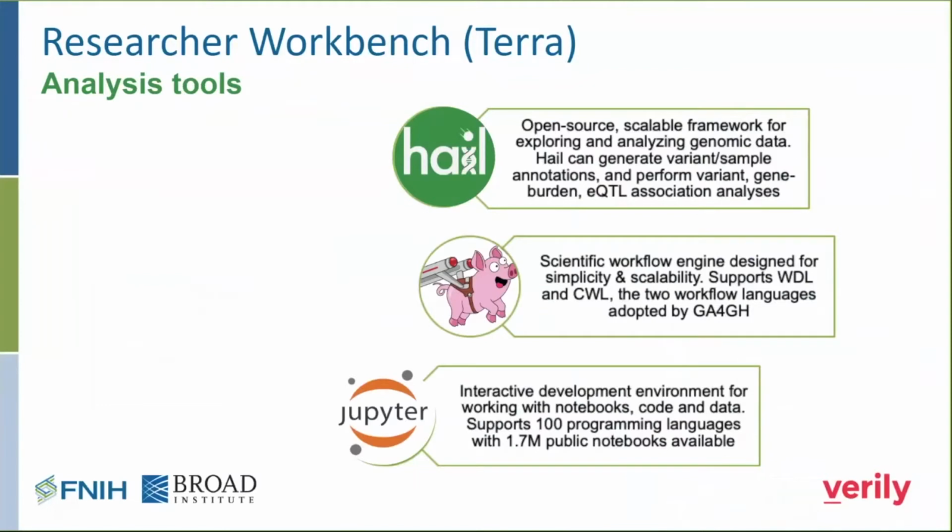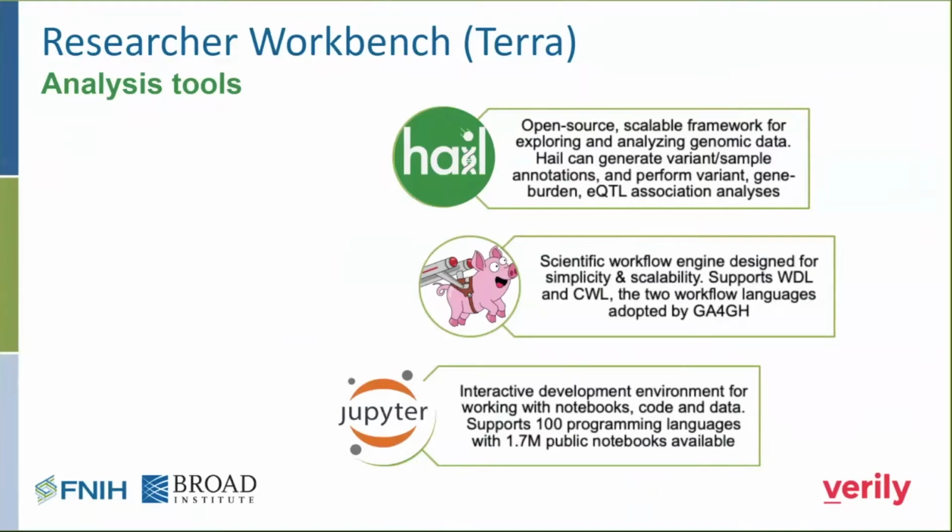Can I have the next slide? So another part of the Terra platform is integrated analysis tools. There are several different analysis tools available within the Workbench platform. These are three of the forefront examples. Hail is an open source scalable framework for exploring and analyzing genomics data; it can generate variant and sample annotations, and perform variant, gene burden, and eQTL association analyses. That was developed at the Broad.